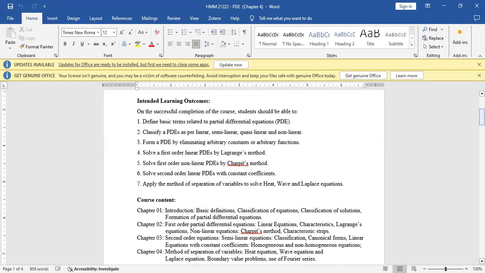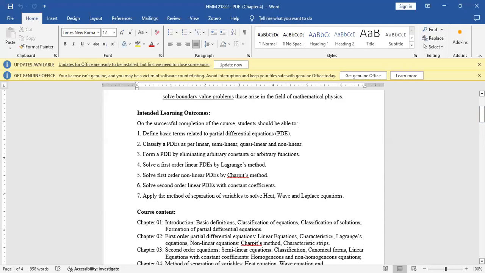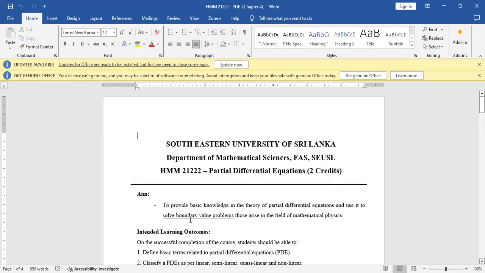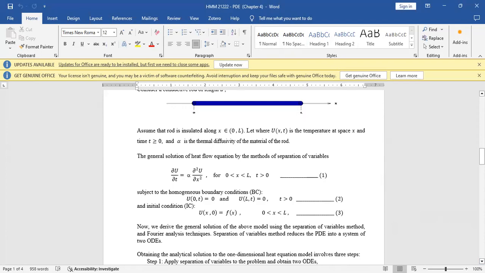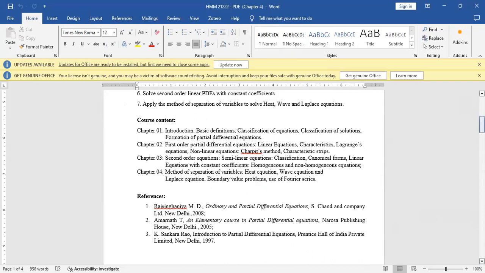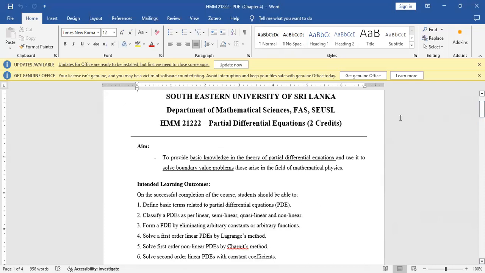This is all about our course, partial differential equations. Our aim is to provide a basic knowledge in the theory of partial differential equations, as well as to use it to solve the boundary value problems that we have studied now, those that arise in the field of mathematical physics.